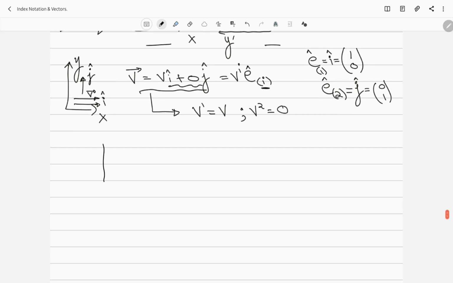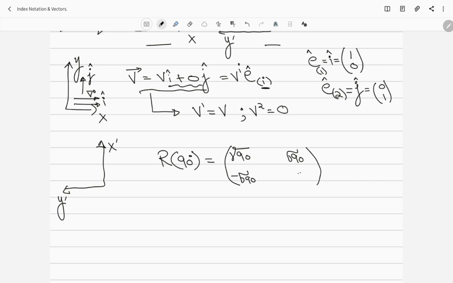Now for this one, where you have rotated your coordinate system so that this is your x prime and this is your y prime, we have rotated the coordinate system by 90 degrees. Rotation by 90 degrees in 2 dimensions is a 2 cross 2 matrix, which is cos 90, sin 90, minus sin 90, and cos 90.